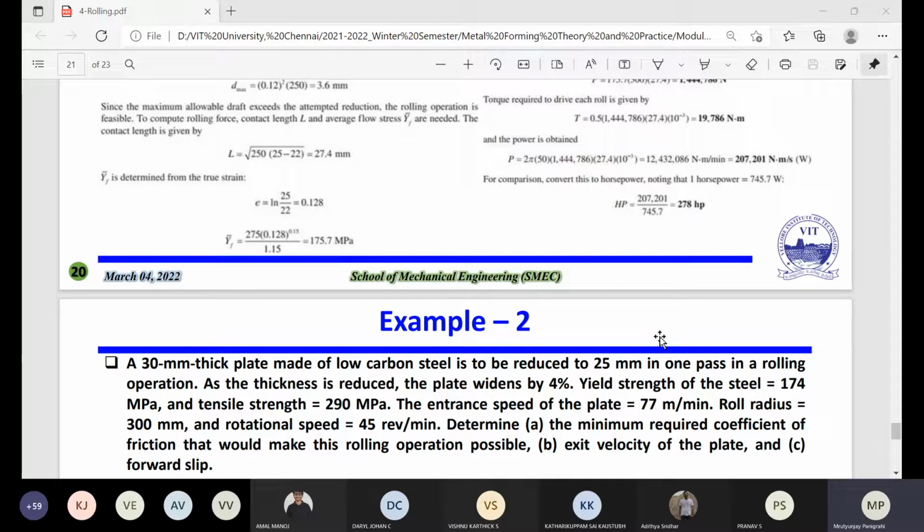So now the last part you have the forward slip. Forward slip is S. S equal to VF minus VR, the whole divided by VR. Okay, so you have VF now, but VR you have to find out, the roll speed.